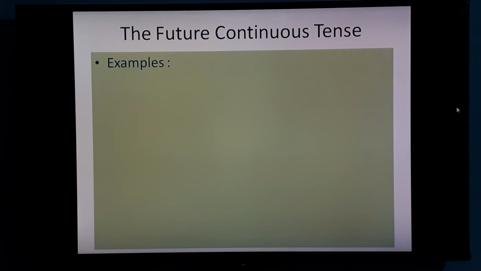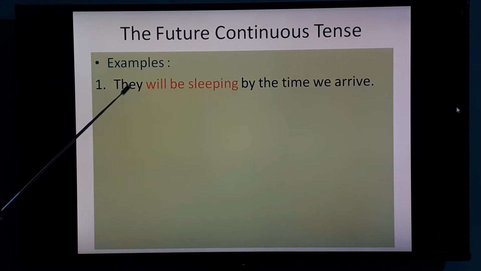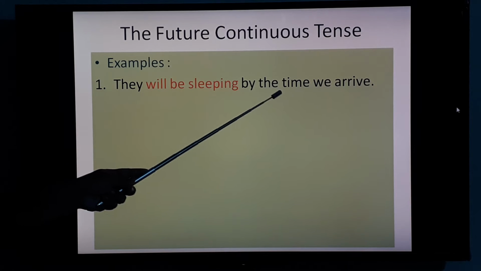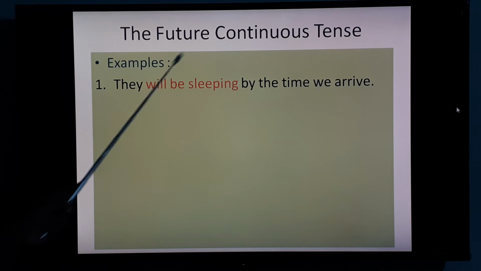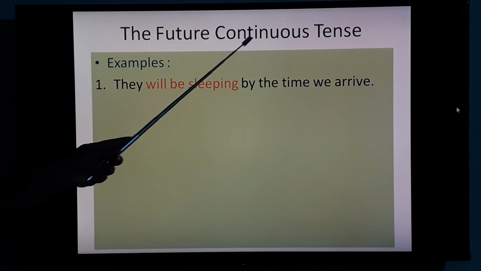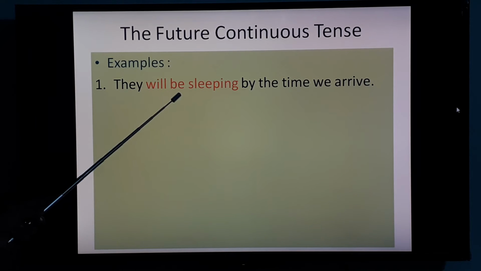Let's see some more examples. They will be sleeping by the time we arrive. So this is the example of future continuous tense, the action which will be going on in the future. So will be sleeping.